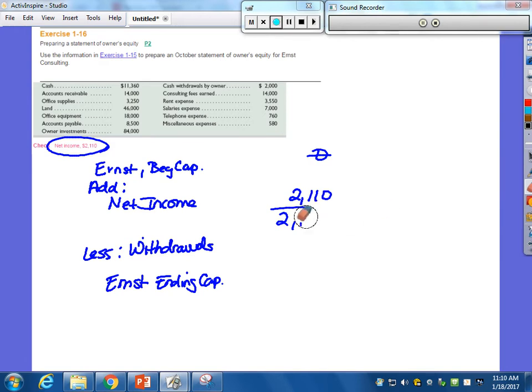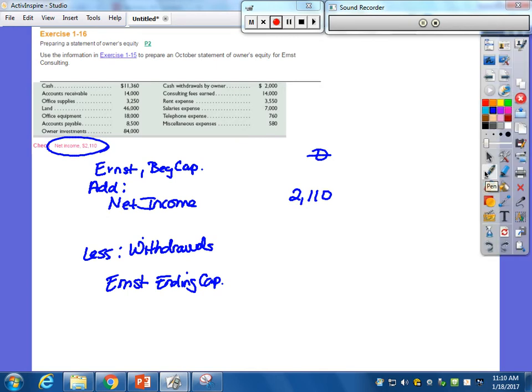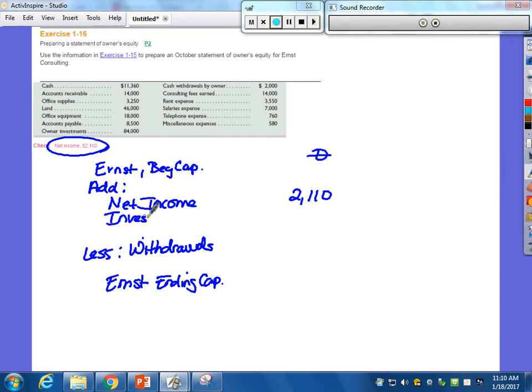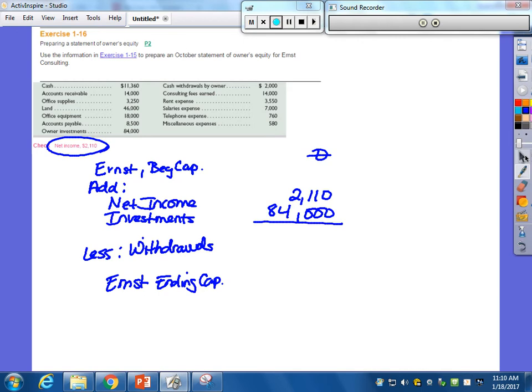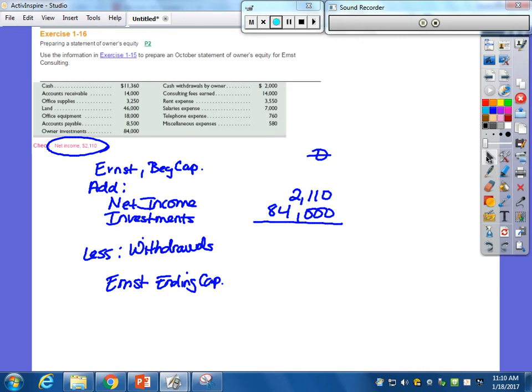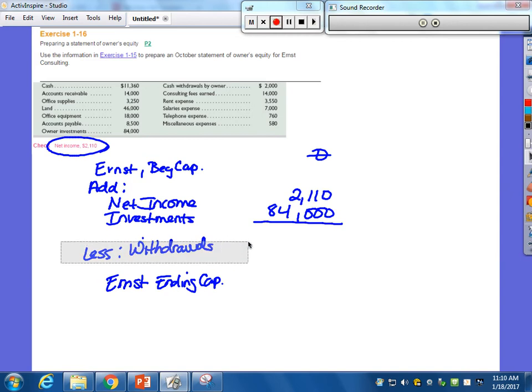Up here, because I almost forgot, or I did forget. Along with net income, you also need to add what? Investments. What were their investments? 84,000. So now this new amount.